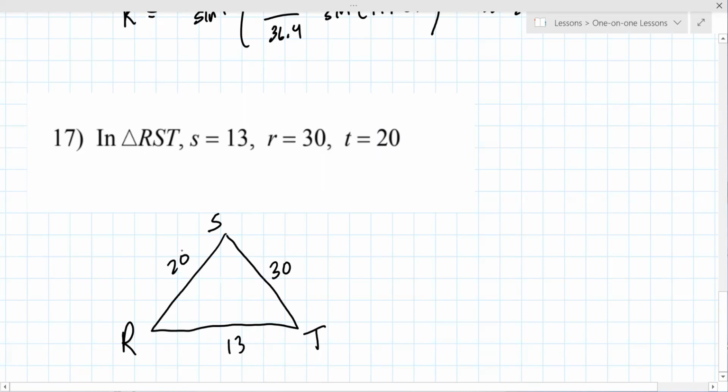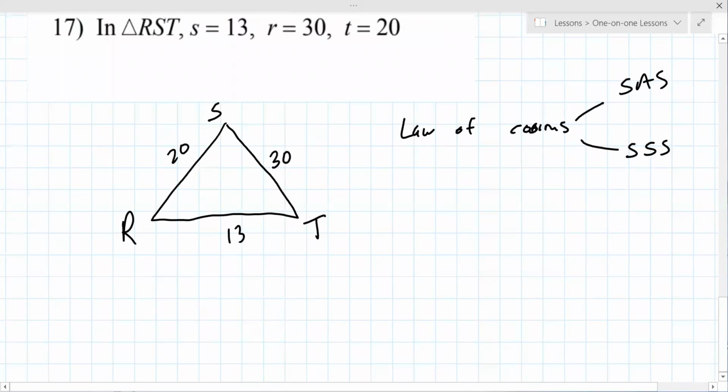So this is a law of cosines. It's the other possibility. Law of cosines is used when you're given side angle side and when you're given side side side. This is the second possibility. So let's just find R. R is like your big C, and this is your little c.